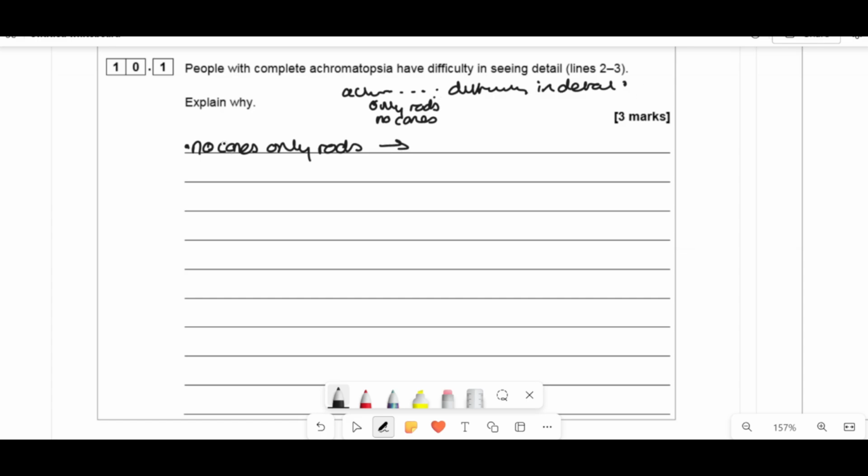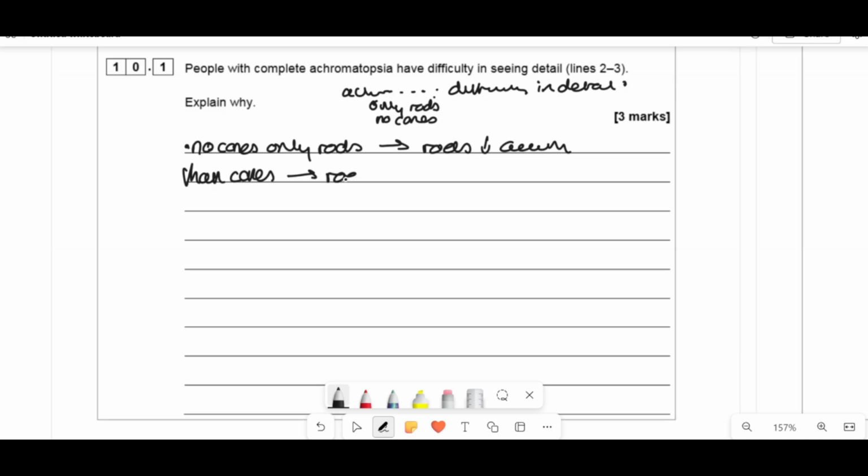So then you need to think in your head, okay, rods versus cones. Oh yeah, rods have less visual acuity than cones, right? They have a lower resolution, and we need to think why. So rods have less visual acuity than cones. We need to explain why. That still doesn't tell us what's going on.